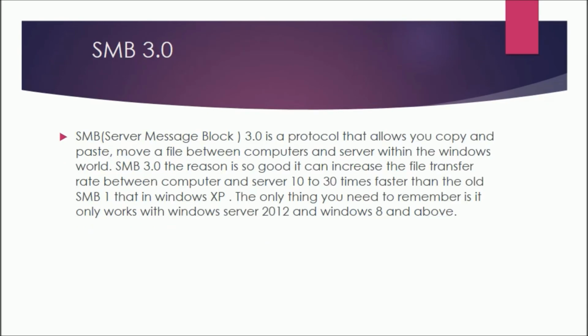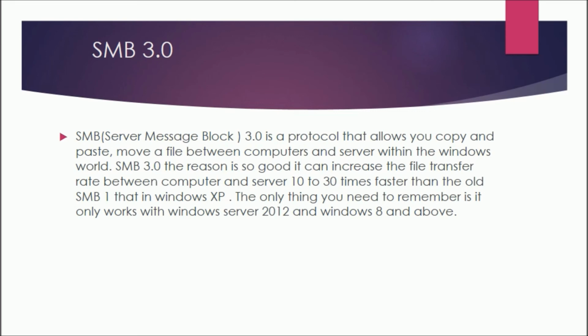The next feature which we will be looking at is SMB, Server Message Block 3.0. It is a protocol that allows you to copy, paste and move files between computers and servers within the Windows world. The reason SMB 3.0 is so good is that it increased the file transfer rate between the computer and server 10 to 30 times faster than the old SMB 1 that was available in Windows XP.